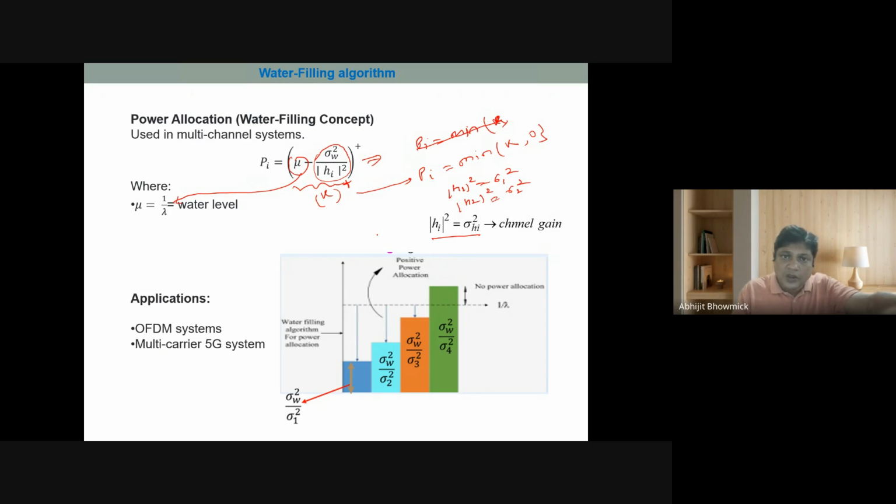So that is the power difference from the lambda level. That much power the system has to allocate to user 1. Similarly, that much power the system will allocate to the other user. But in the case of the fourth user, it already has a level greater than 1 by lambda, so it won't be allocated any power. This is called the water filling algorithm.